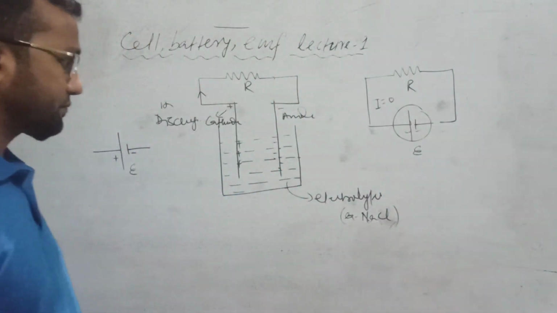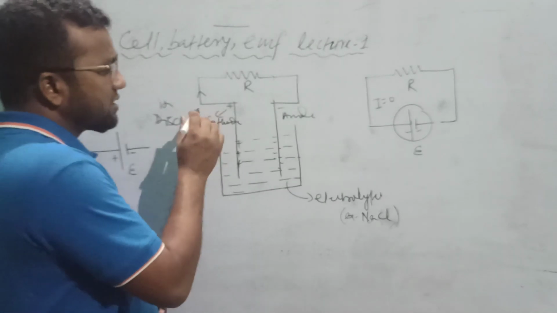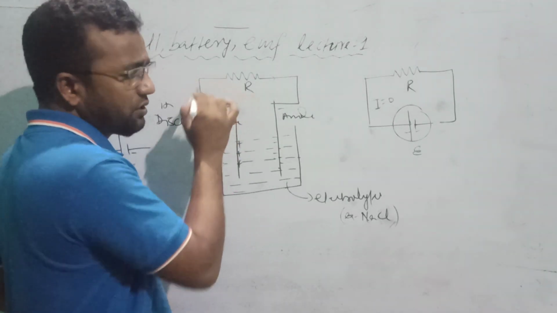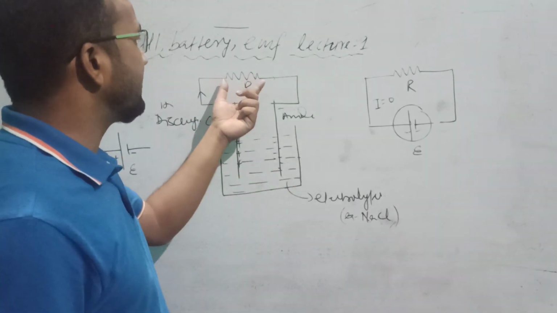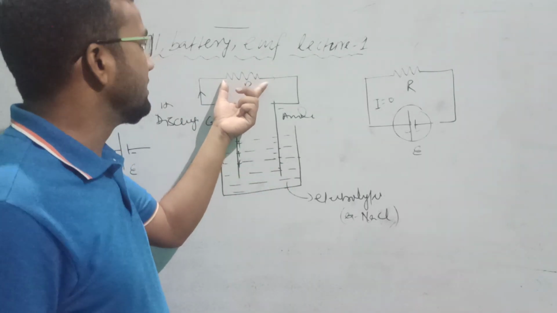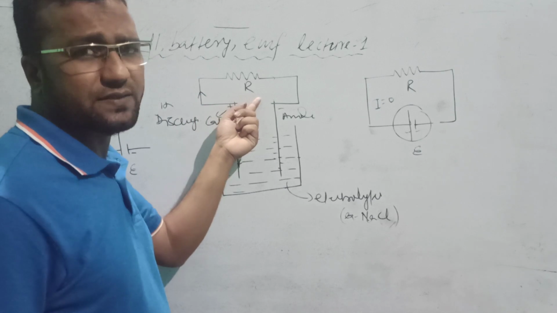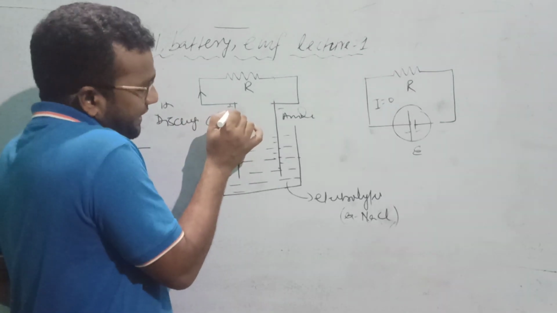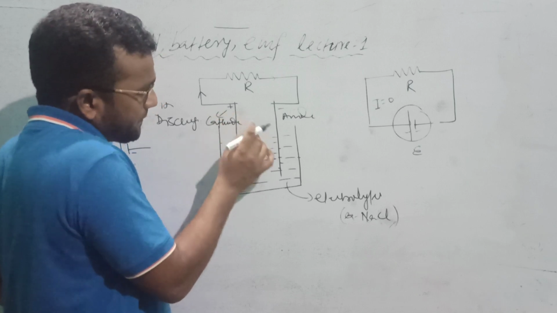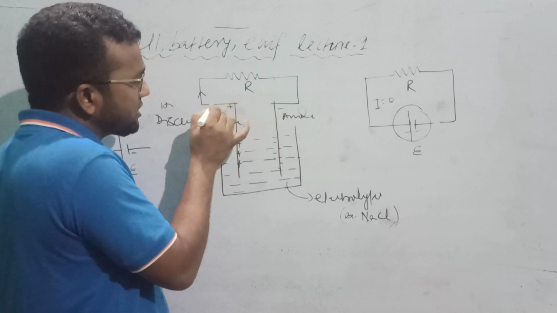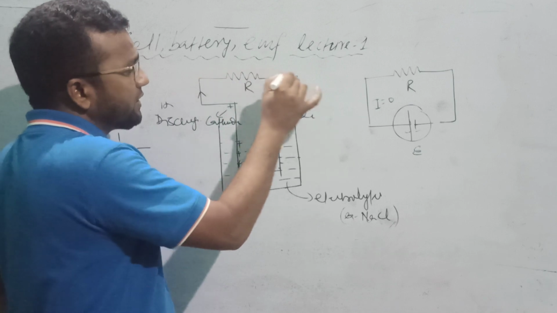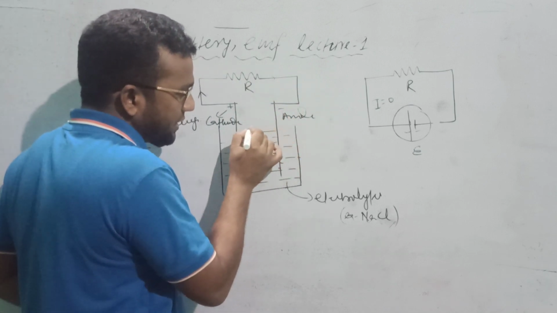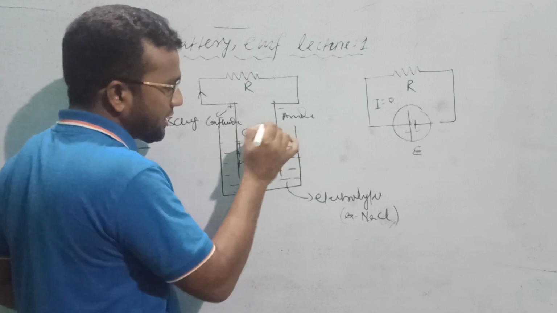Now it is very clear that when current is flowing through the external circuit, some hindrance is offered by the external circuit, known as resistance. Also we know that outside the cell current flows from the positive terminal to the negative terminal, but inside it flows from the negative terminal to the positive terminal.